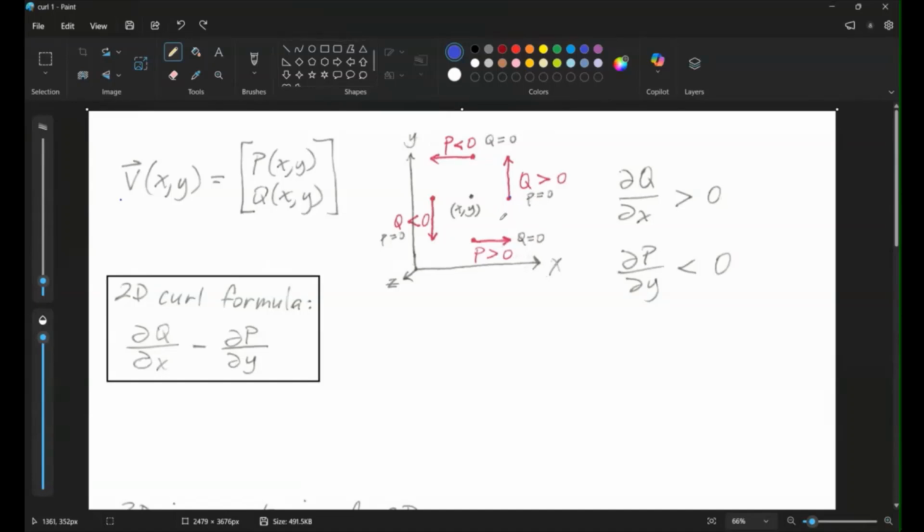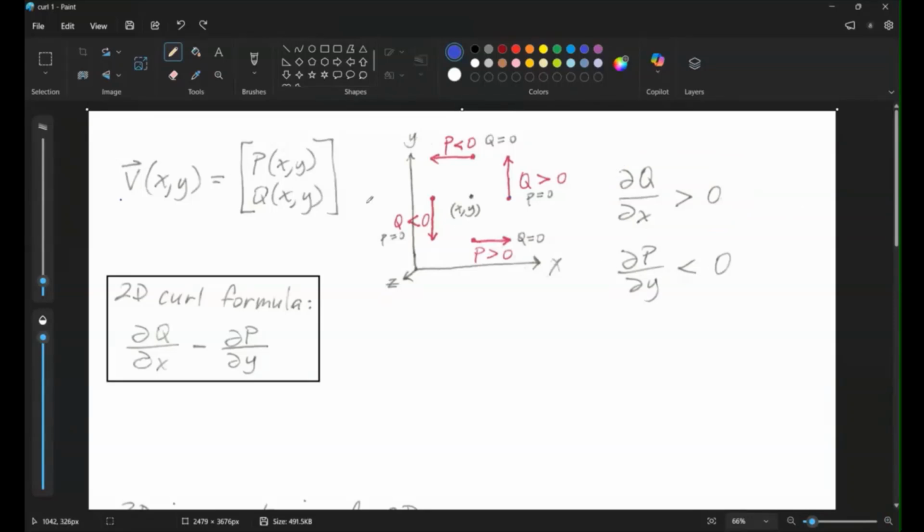We don't look at Q as y moves because Q basically has the same movement as y. But let's look at how Q moves as x moves. As we go positive for x, Q goes from being negative to being positive. So a slope going from negative to positive is a positive slope.